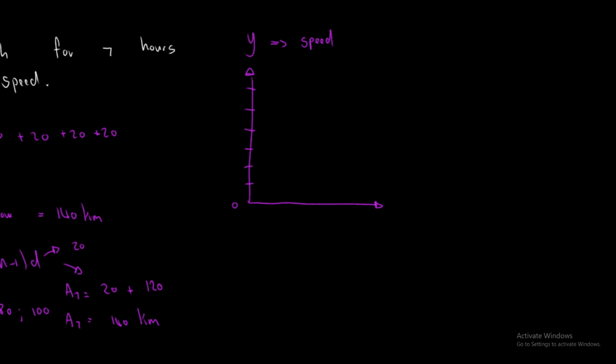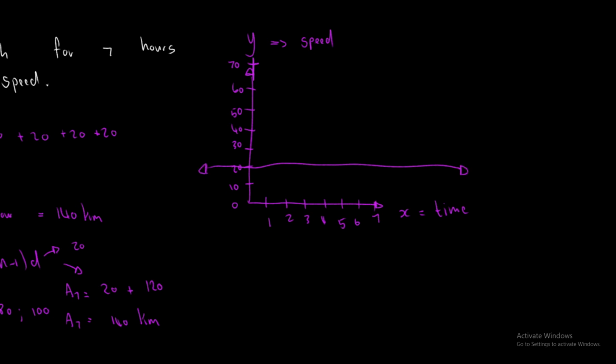So it's going to be 0, 10, 20, 30, 40, 50, 60, oh man, and 70. Then I have 1, 2, 3, 4, 5, 6, 7. We have our x-axis, which is our time. Now, I'm driving at a constant speed of 20 kilometers per hour, so I can draw a line at 20.